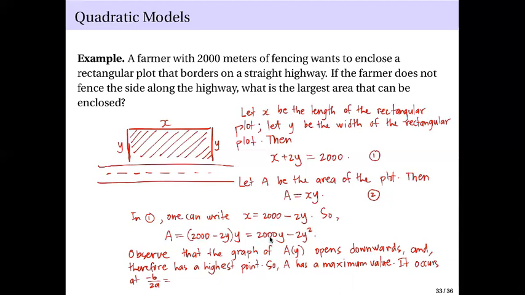Negative b, you have here, take note, let me just rewrite this. This guy here is negative 2y squared plus 2000y. So this is your A, this is your B. Okay?